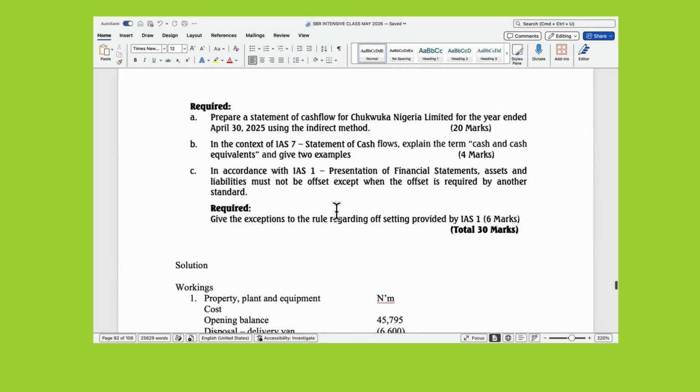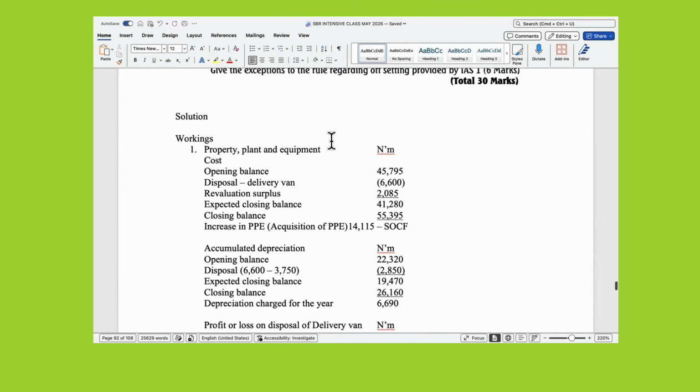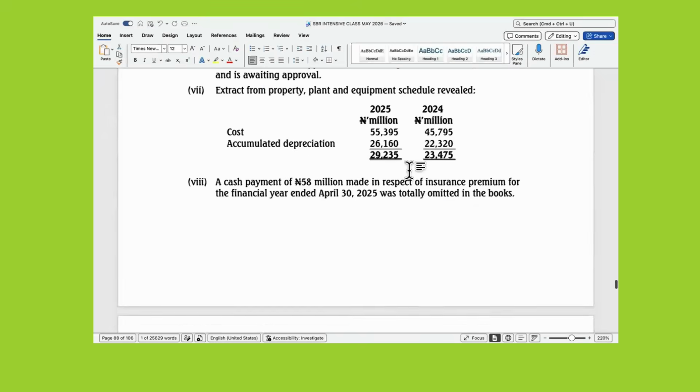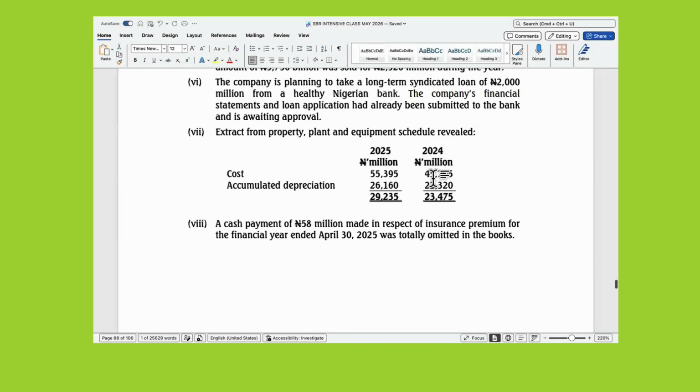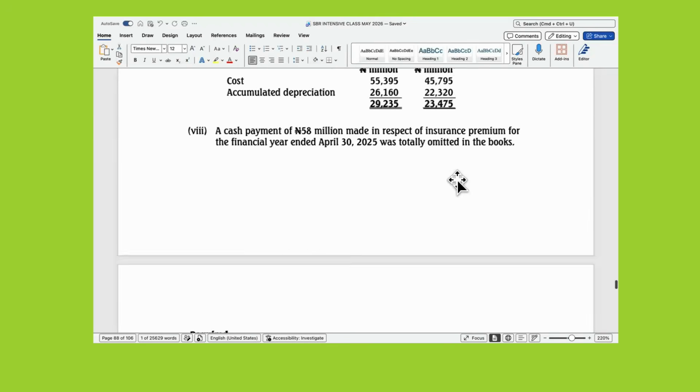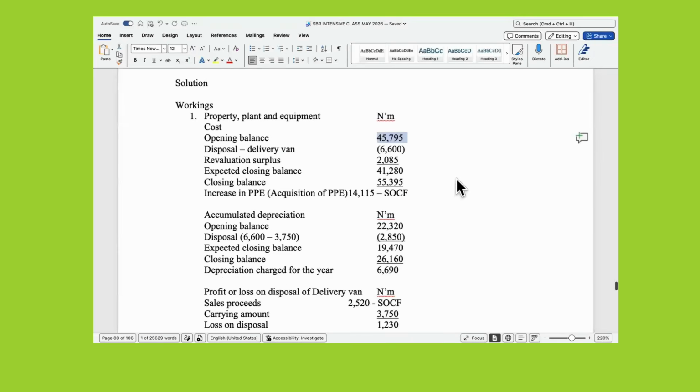So in my workings, first, I started with my PPE, with the cost of PPE. I do the movements. Okay, what's the opening balance? 45,795. From note 7, that cost opening is 45,795. So what will have cost movement? They told me that they sold the delivery van.